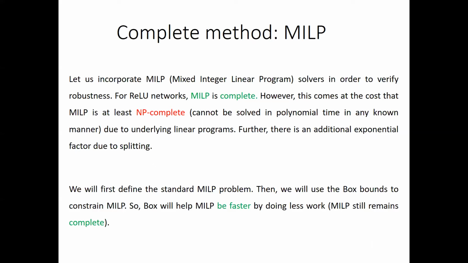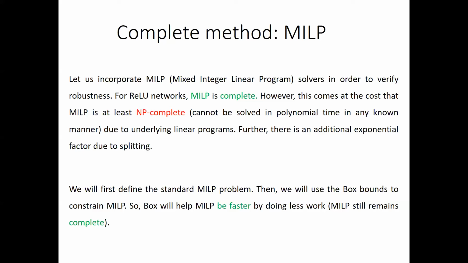And then we're going to see how to improve the performance of MILP, to scale MILP a bit more, by using the box convex relaxation. This box abstraction that we looked at last time is going to help the MILP solver do less work, and so it's going to be faster in proving the property, or in finding a violation if the property does not hold.